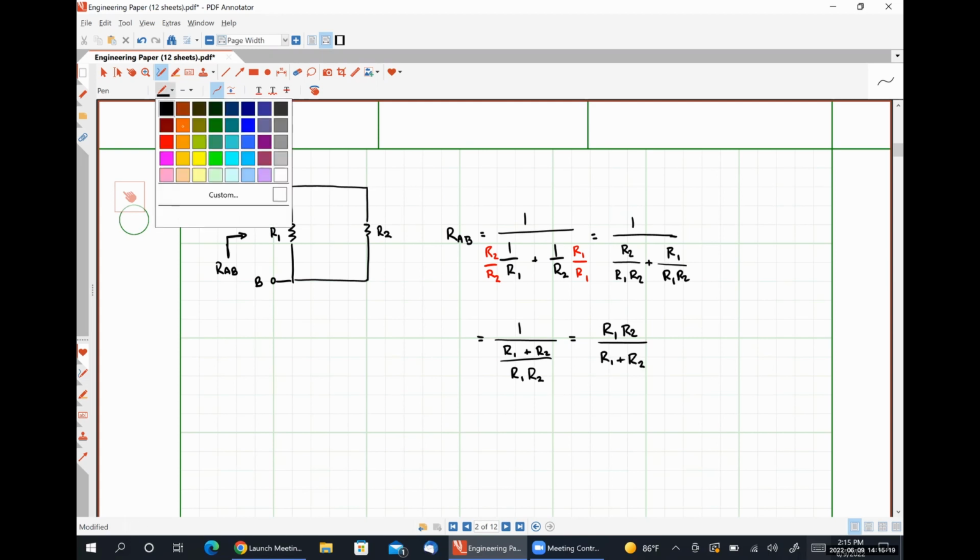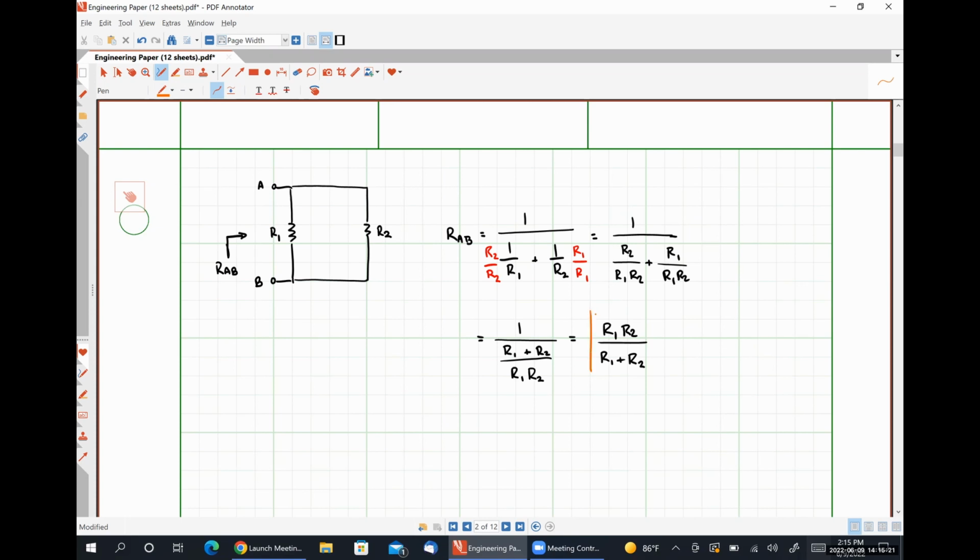This result is a handy shorthand method that allows us to very easily and quickly calculate the equivalent resistance of two parallel resistors.